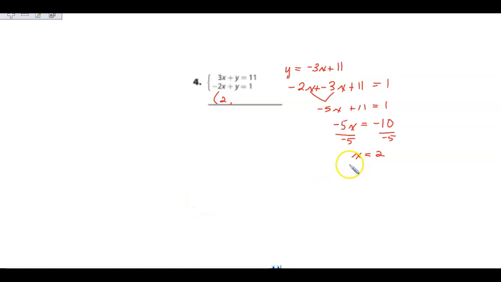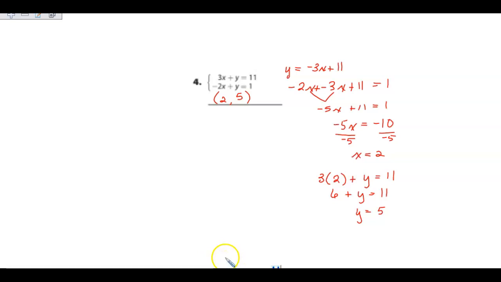Now I'm going to substitute 2 into the same equation. So 3 times 2 plus y equals 11. That's 6. Subtract 6. y equals 5.